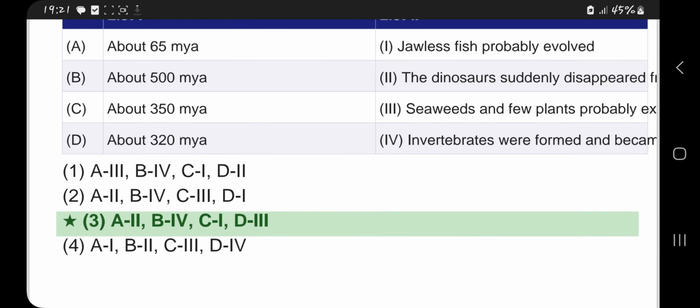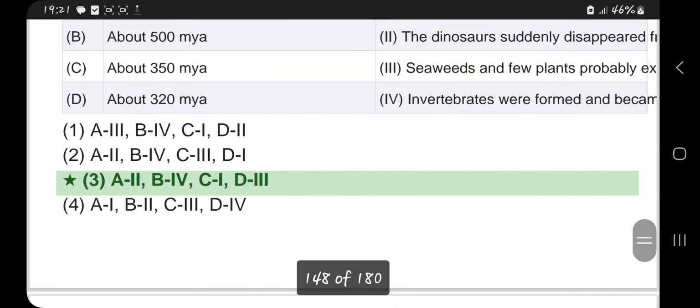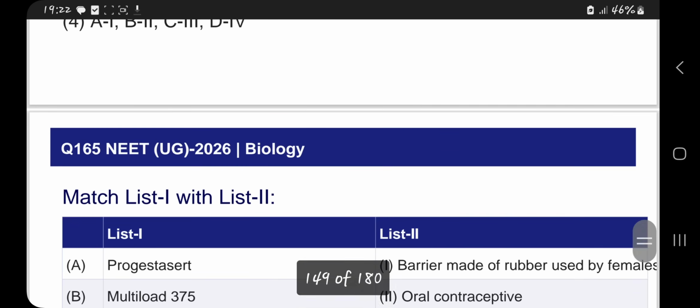Dinosaurs, 65 million years ago, the dinosaurs suddenly disappeared. B4, about 500 million years ago, invertebrates were formed. C1, about 350 million years ago, jawless fishes probably evolved. And D3, seaweeds and a few plants probably expanded. So this is the chronological arrangement of evolution of life forms. A2, B4, C1, D3.